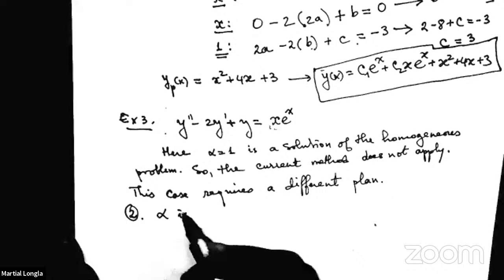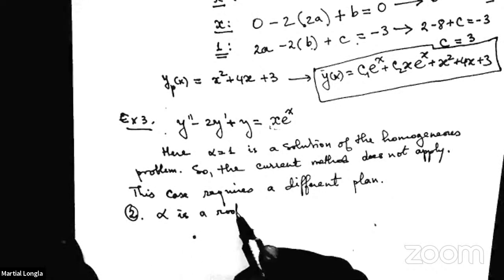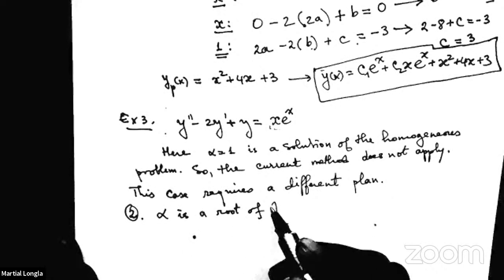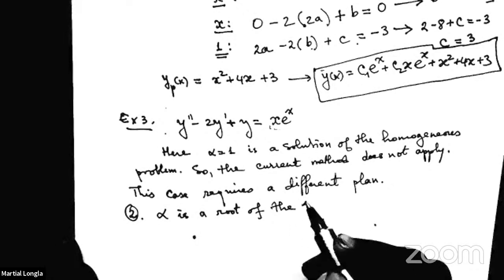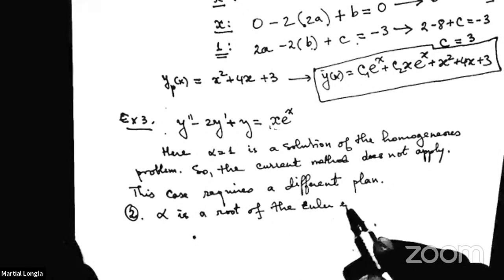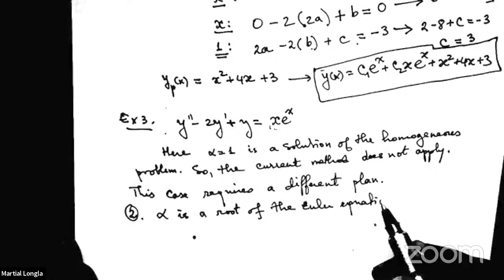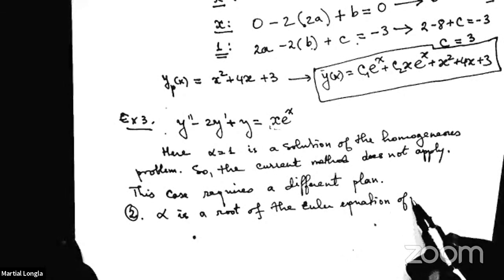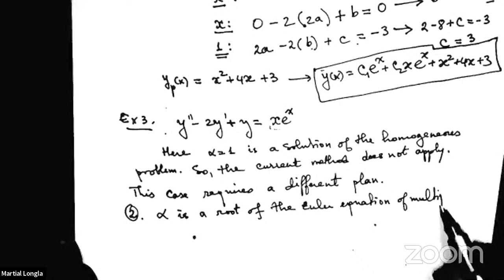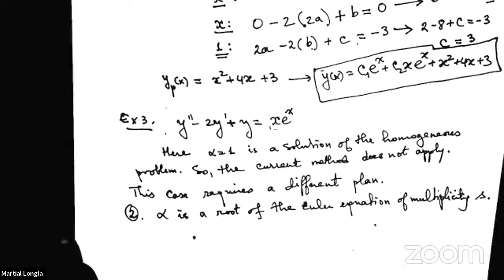Alpha is a root of the Euler equation of multiplicity s. Remember how I used to emphasize the number of times a root is a solution. It's very important because that comes back right here.